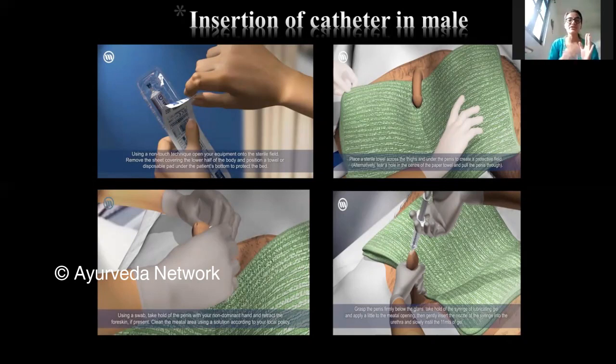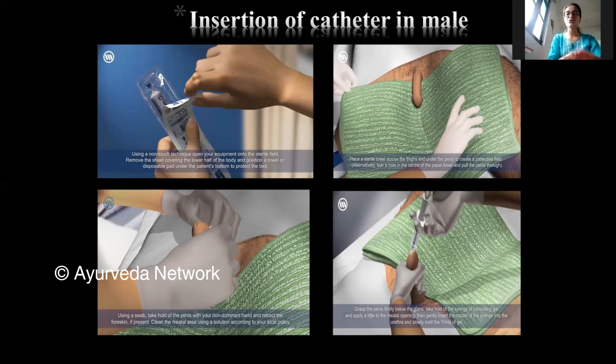First of all, when you have all the articles assembled, and by assembly I mean you have also connected the base of the catheter to the urinary bag, after you clean your hands, you are going to tear off. In the first picture you can see the lubricant jelly or anesthetic jelly. You are going to tear it off. After that, you place a sterile sheet beneath the area, the penis in this case.